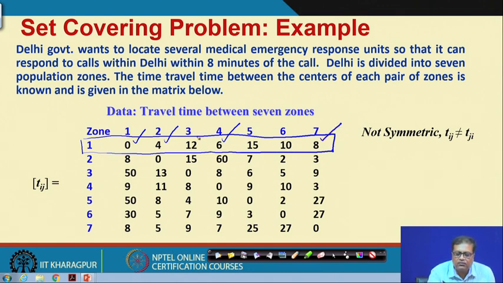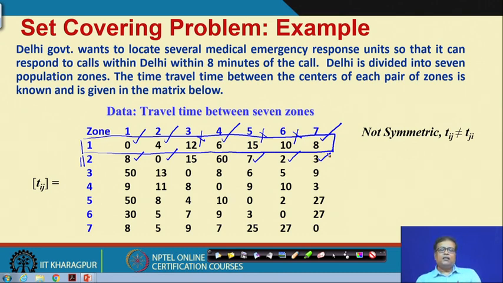It cannot serve location 3, location 5 and location 6. Why? Because those distances are higher than 8. All right. Can you now tell, if I locate in location 2, in which zones service could be given? It could be in 1, in 2, in 5, in 6 and 7, right. So, that is how we can start looking into it.